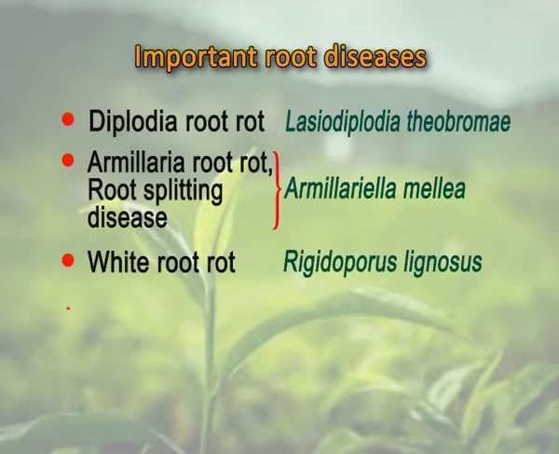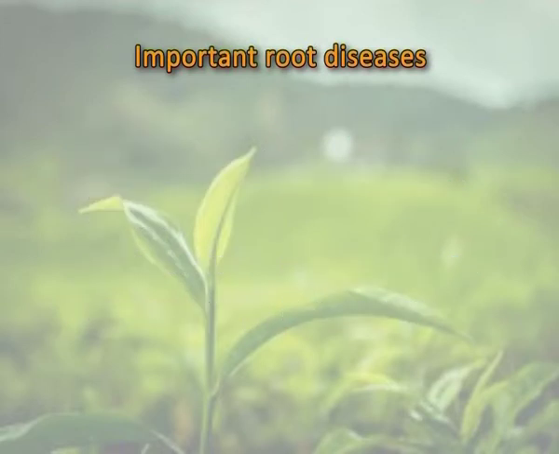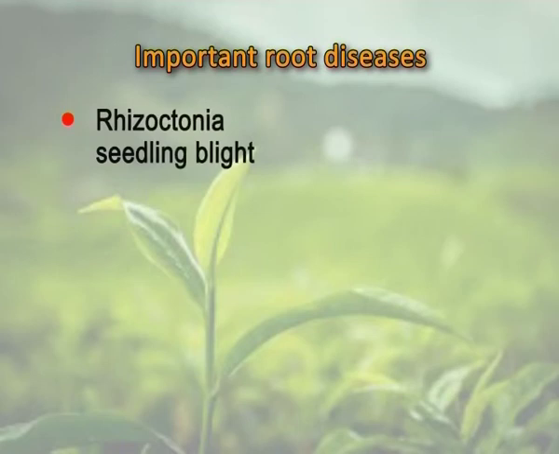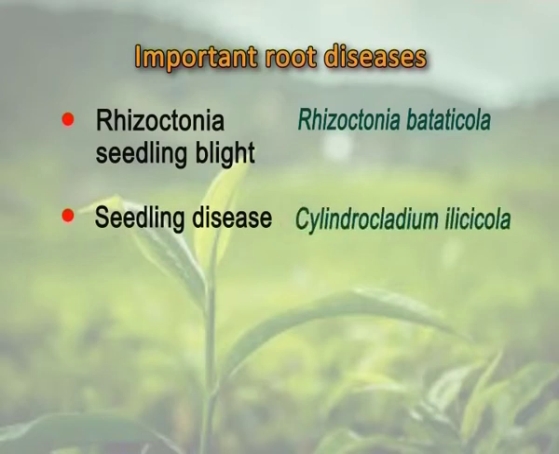Then brown root disease is caused by Phellinus noxius, and Rhizoctonia seedling blight is caused by Rhizoctonia bataticola. Then the next root disease, seedling disease, is caused by Cylindrocladium ilicicola. So these are the root diseases.